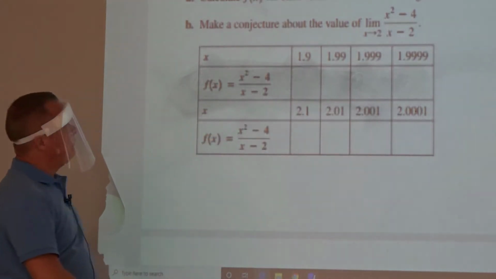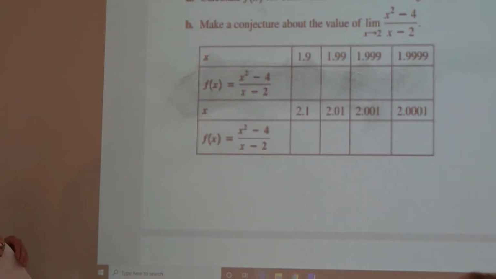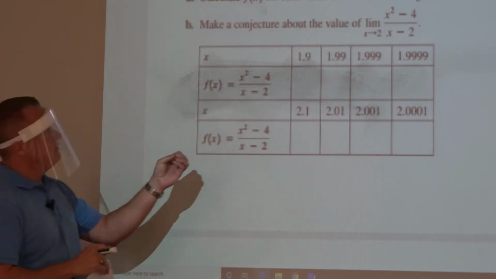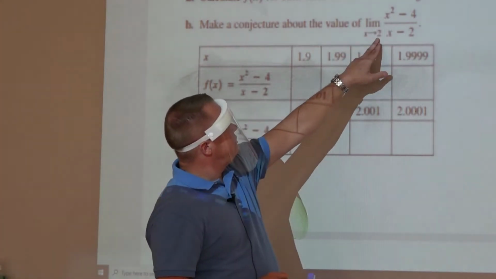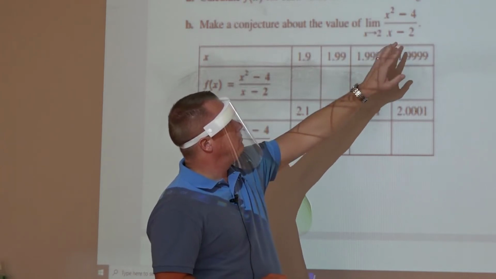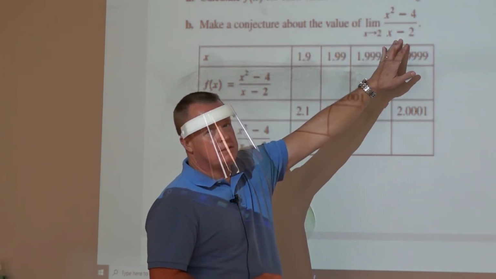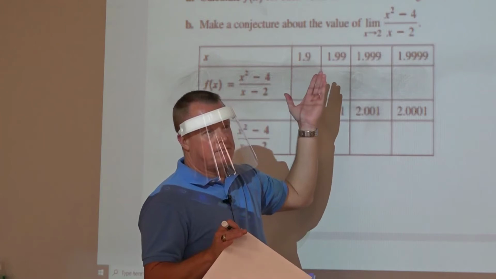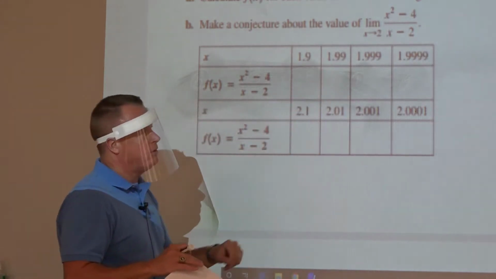It says calculate f of x for each value of x in the following table, and then make a conjecture about the value of the limit. Notice it's the limit as x approaches 2 of that function. What happens when I plug 2 in there? It's undefined. There's a hole there, or it's not defined, or maybe an asymptote.